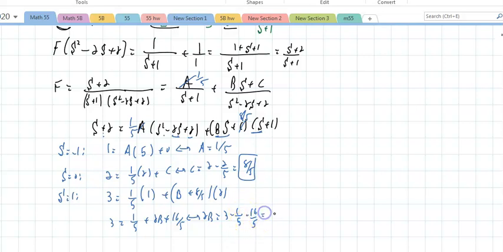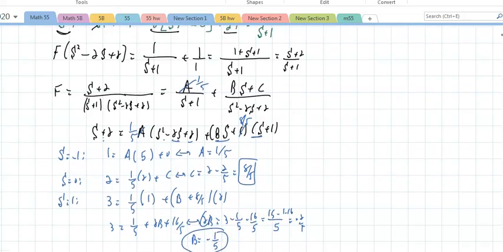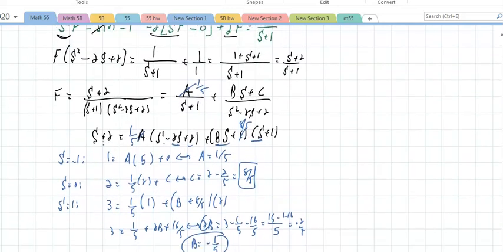All over 5, that is 15 minus 1 minus 16. What does that make it? That will make it negative 2/5. And if you divide by this 2, B will be negative 1/5, if I'm not mistaken. So basically this is what I got. From here, I got C to be 8/5 and B negative 1/5.